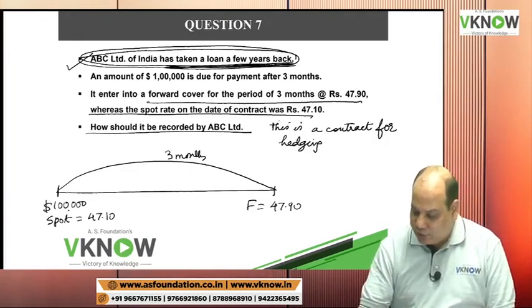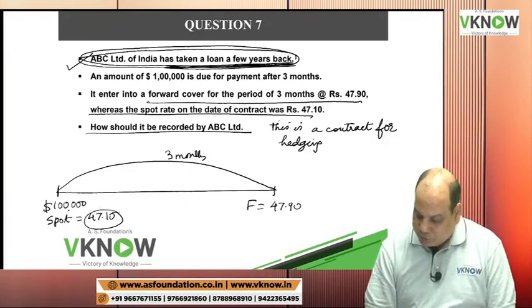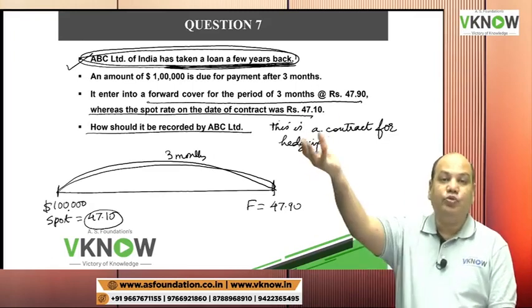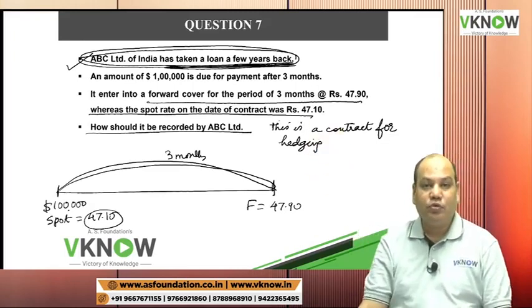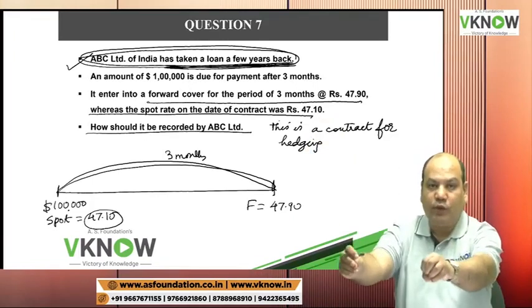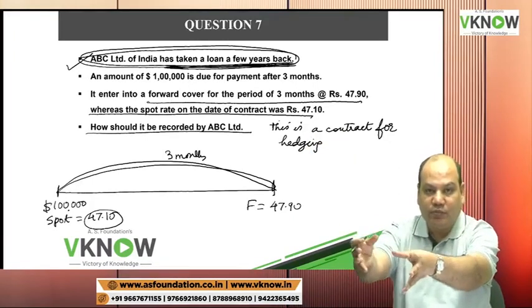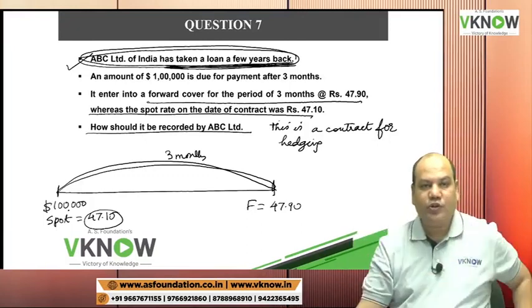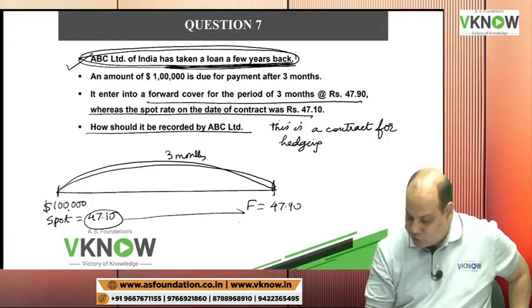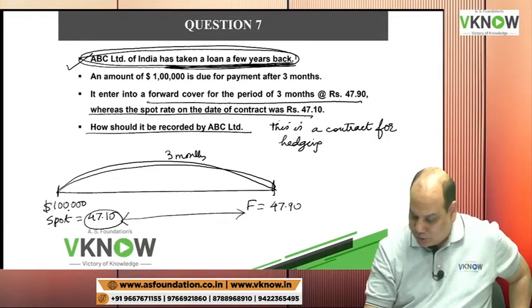Today the exchange rate is 47.10, but after 3 months, it can be anything. Future is uncertain. So to protect itself, it goes to the foreign exchange dealer and locks the rate at 47.90. So how much more does it have to pay?